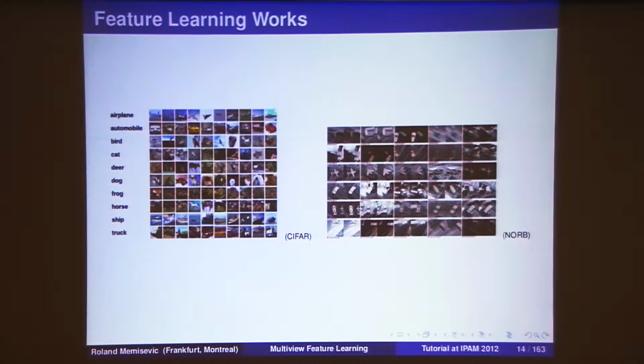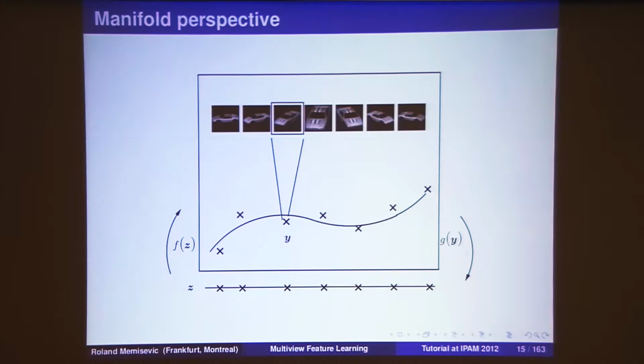As the previous talks in the summer school showed, this works very well for various object recognition problems and so on. And one, as it turns out, useful view onto this, which is something that I assume Joshua has been talking about also in his presentation, is this manifold perspective.